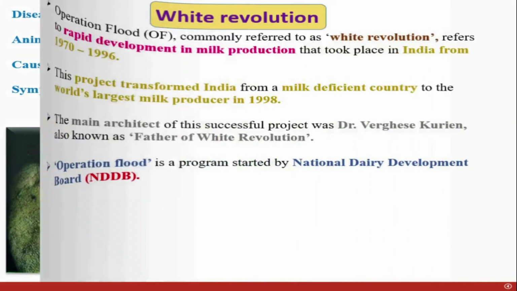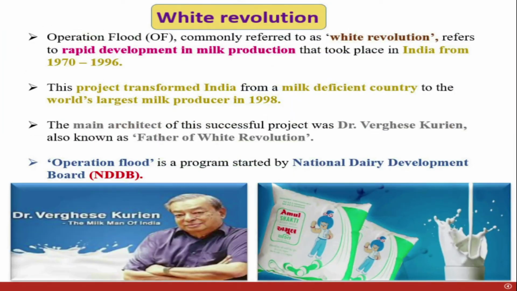Next, white revolution. Operation Flood is commonly referred to as the White Revolution. It is nothing but rapid development in milk production, that means production of milk in high quantity. That took place in India from 1970 to 1996.